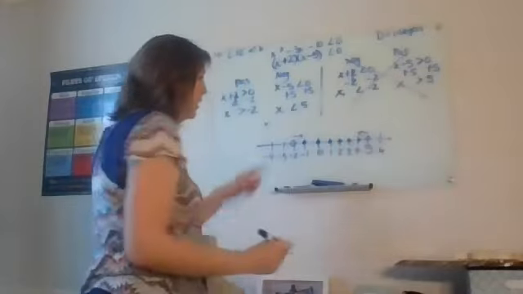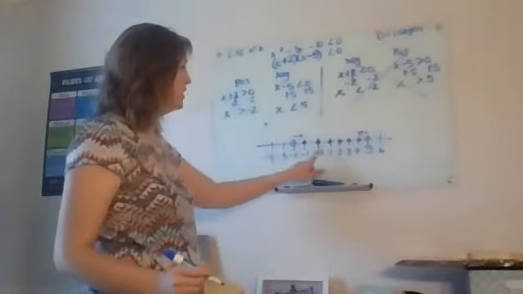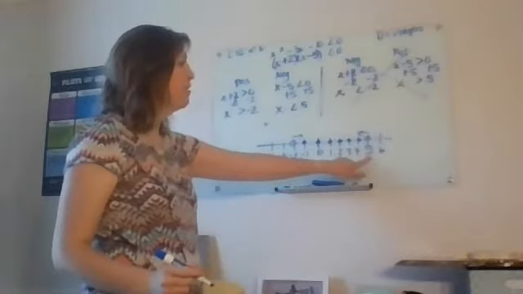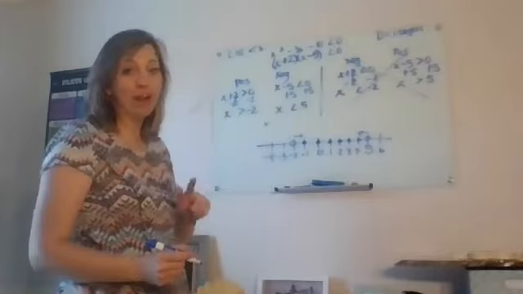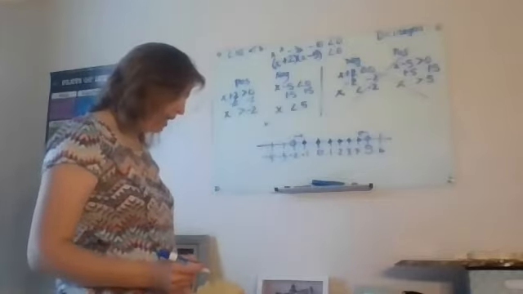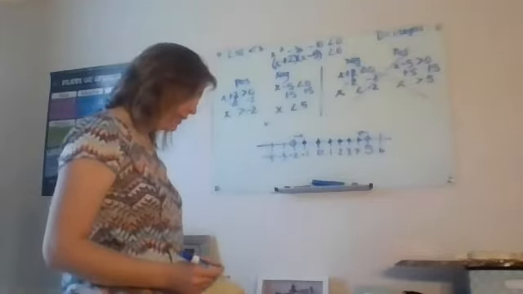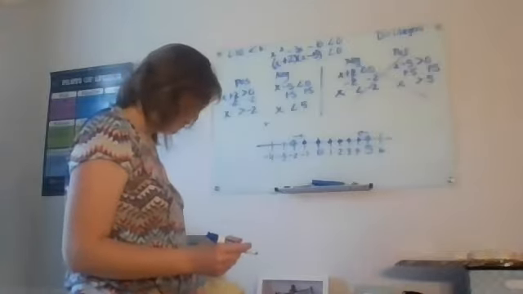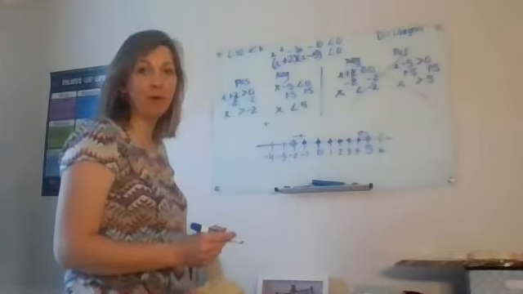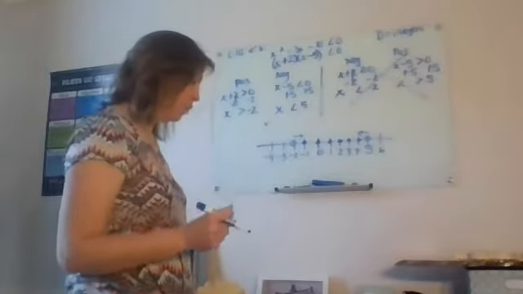So those are the only possible solutions: -1, 0, 1, 2, 3, or 4. 5 cannot be included and -2 cannot be included because it's not "or equal to." So that is the answer to practice B that I have on page 454, and that's lesson 112.